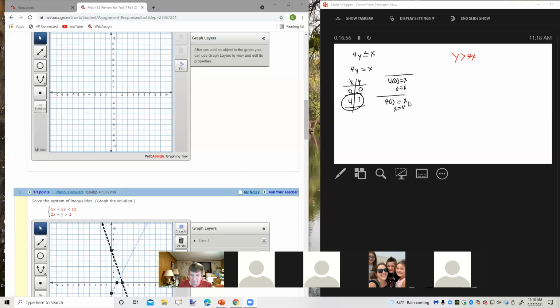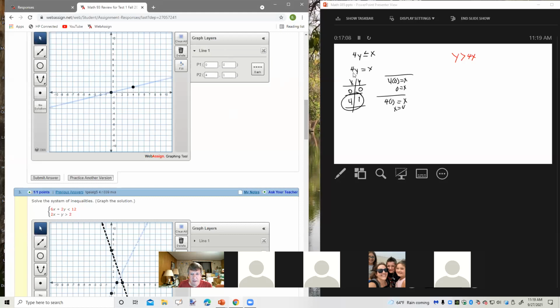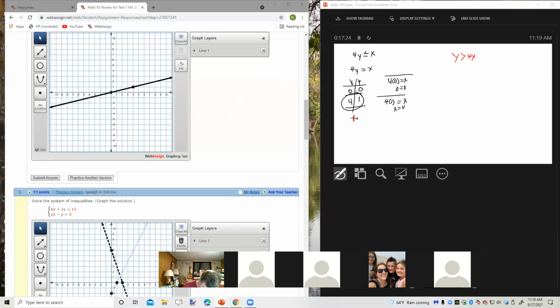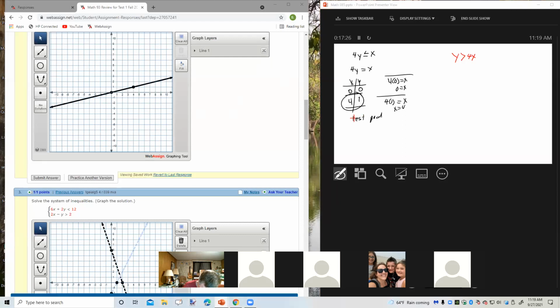Okay, so I'm going to graph it over here. We've got 0, 0, and 4, 1. It is a solid line because it says it is less than or equal to. Now my test point can't be 0, 0 because 0, 0 is on the line.